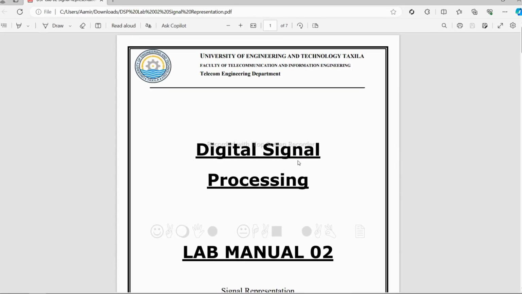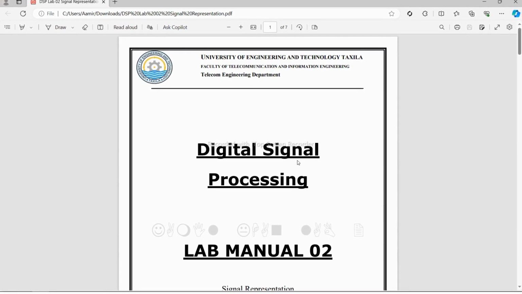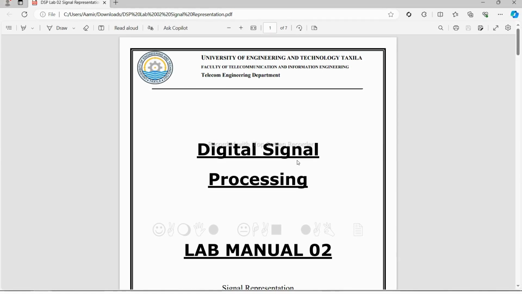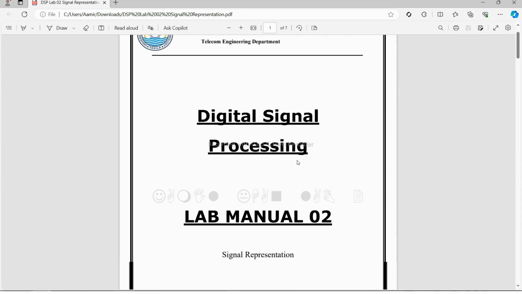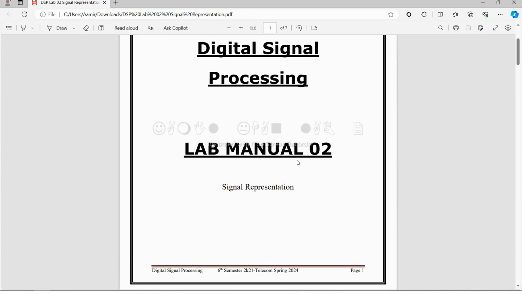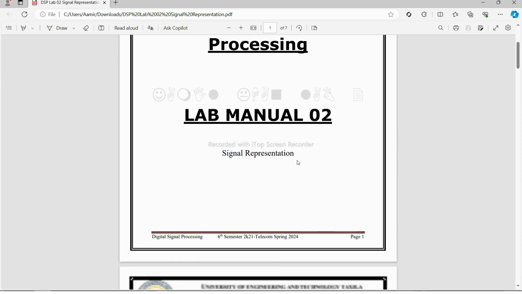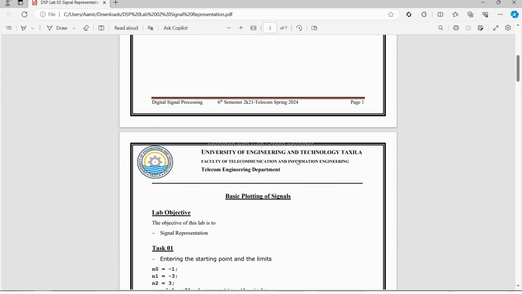21TE32. So here we have to explain lab number 2 of digital signal processing. The object of lab number 2 is to represent signals.